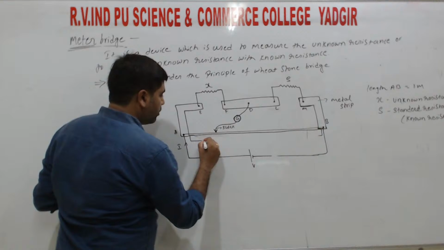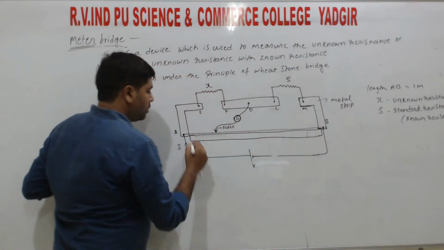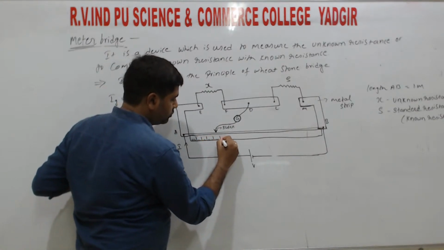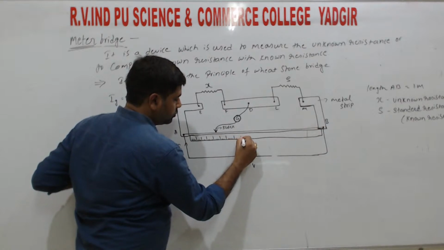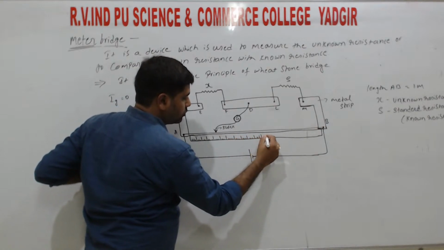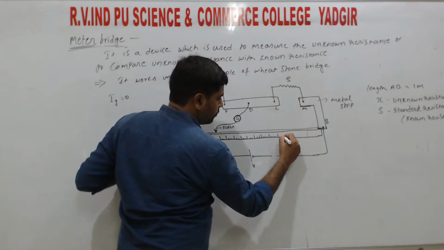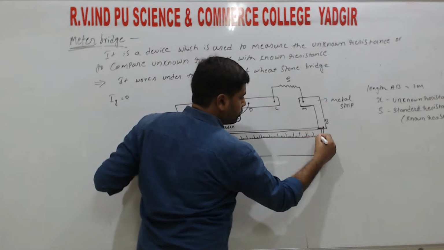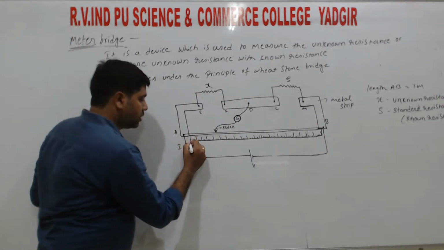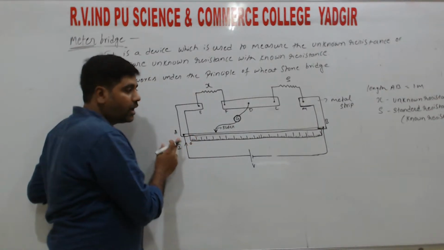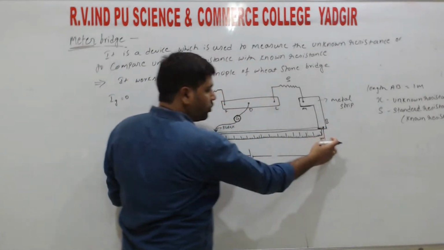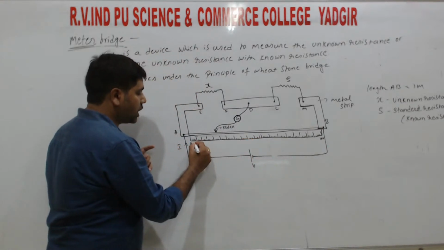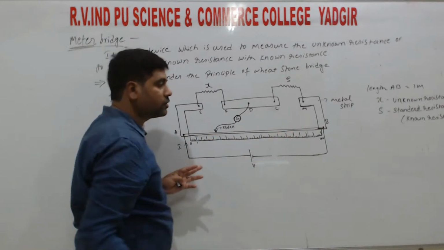So the 1 meter scale has 0 at the point nearer to A and 100 at the point nearer to B. So it is a centimeter scale, or meter scale. 1 meter is nothing but 100 centimeters, right? It starts from 0, 1, 2, up to the value 100, right?